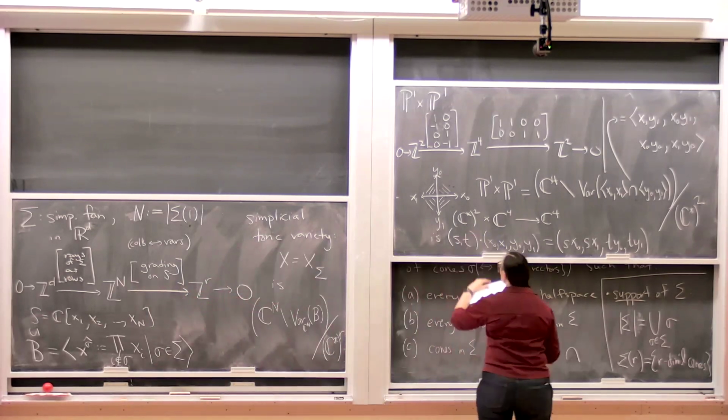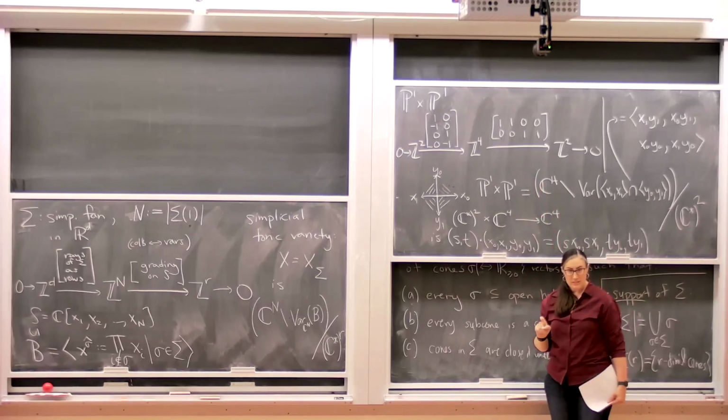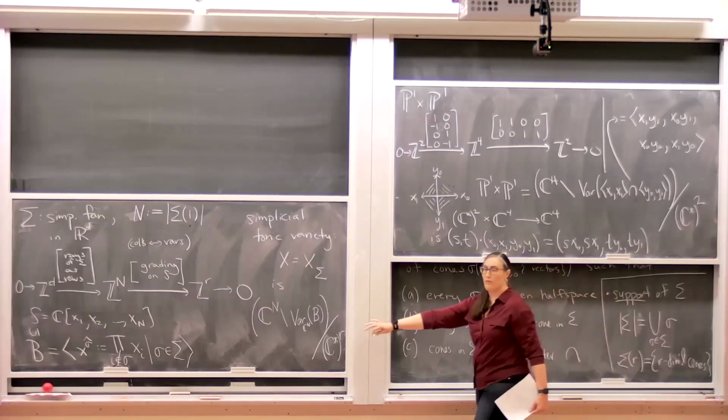If you look here, C2 corresponds to this degree matrix right there. So this is the general formula.